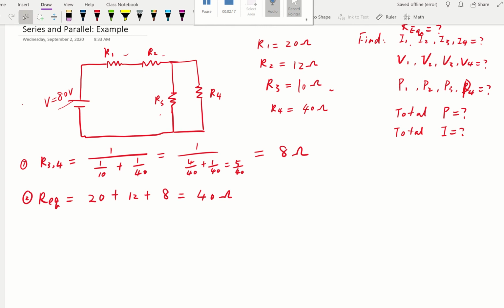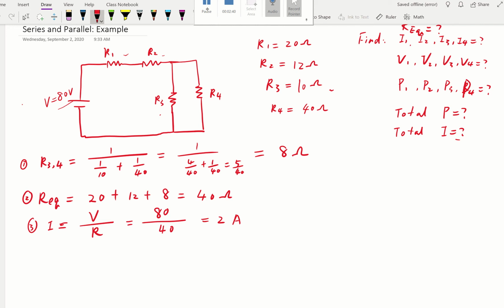And how about the current? The entire current, so basically it's the total current. We're going to use Ohm's law, V over R. This V is going to be the total voltage, that's 80 volts. This total resistance is what you just calculated, 40. So the current is 2 amps.